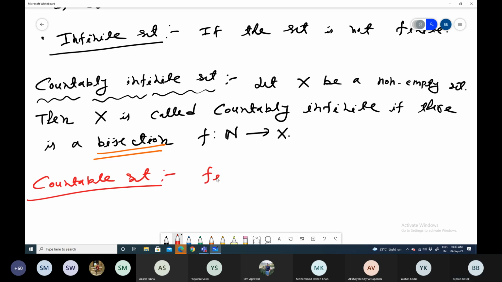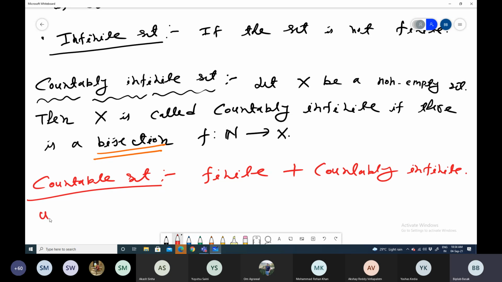It is either finite or countably infinite. So if a set is finite or countably infinite, then we will call that set a countable set.